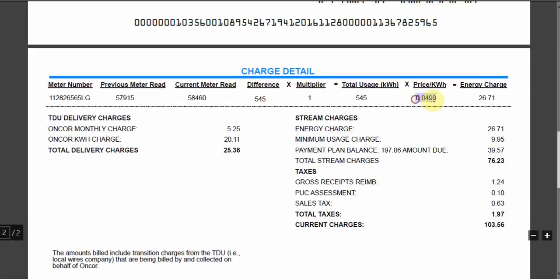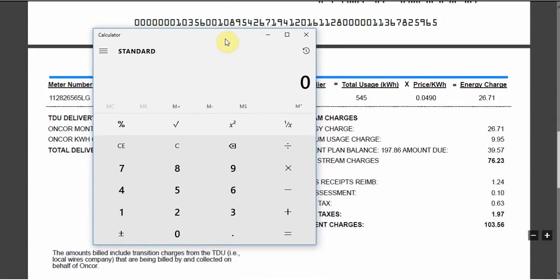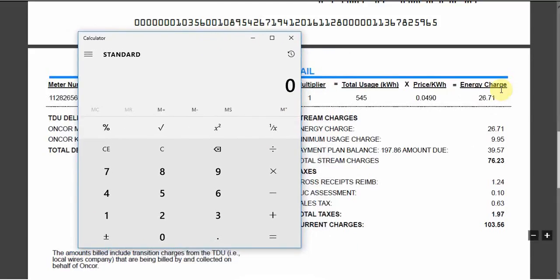Okay, and I've seen it go all the way up to like 13 cents per kilowatt hour. That's because you didn't use what your contract indicated you needed to use in order to keep that same special pricing.